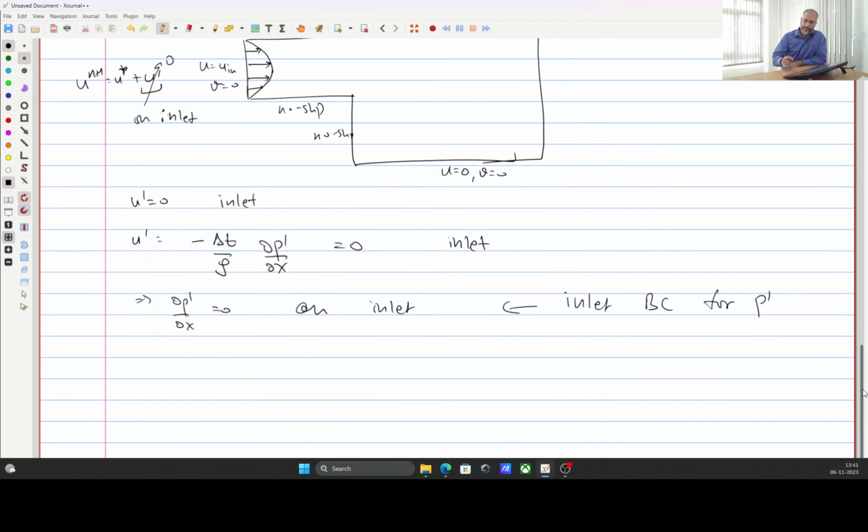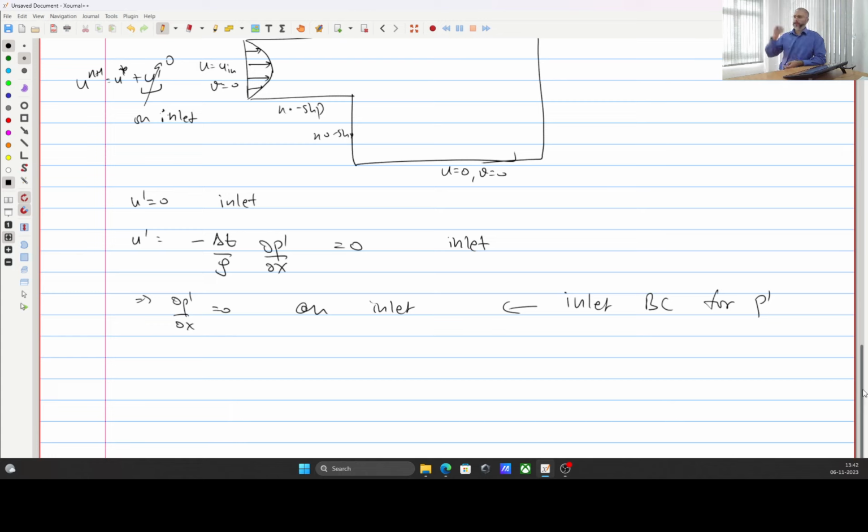So that gives us the inlet boundary condition for the pressure correction P prime. It's a very interesting idea. And what kind of a mathematical boundary condition is del P prime by del X equal to 0? It's a Neumann boundary condition. In fact, it's a homogeneous Neumann because it's equal to 0. If the gradient was equal to some non-zero quantity, it would have been a standard Neumann condition.